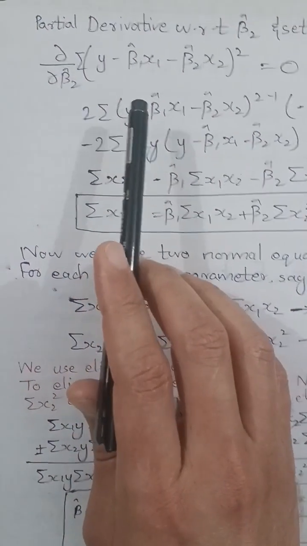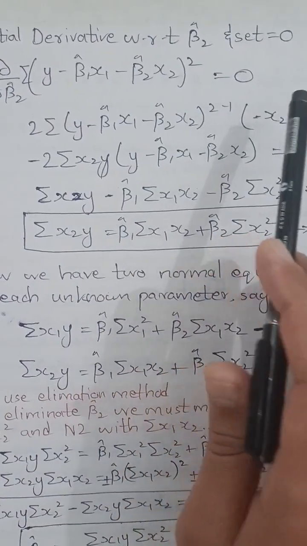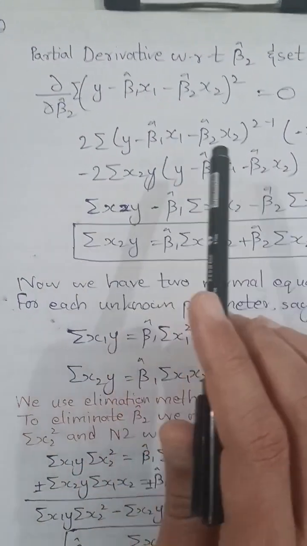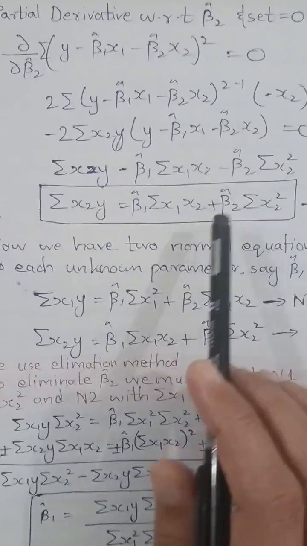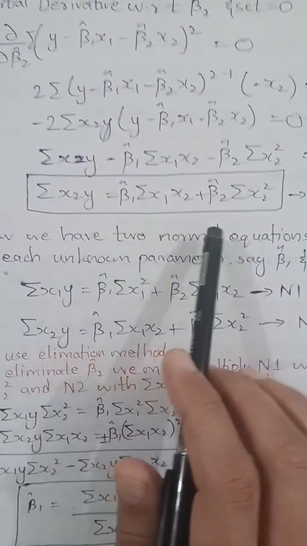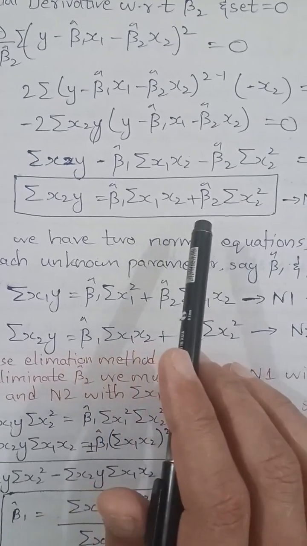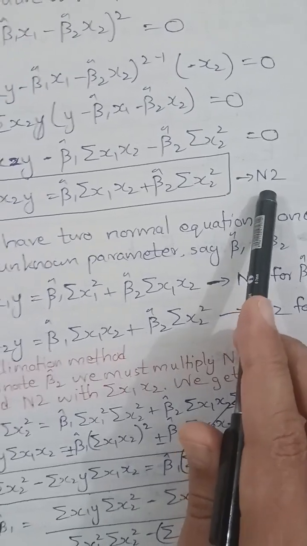Now we will take the partial derivative of sum of square residual with respect to beta 2 hat and then set it equal to 0. When I applied the generalized power function rule, I get this equation. Sum of x2y equals beta 1 hat sum of x1 x2 plus beta 2 hat sum of x2 squared. This is our normal equation 2.